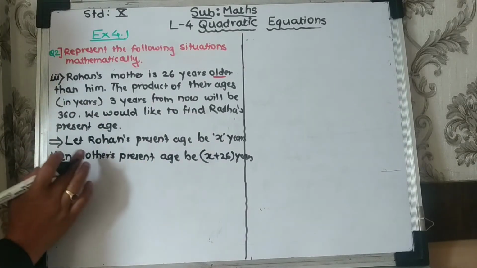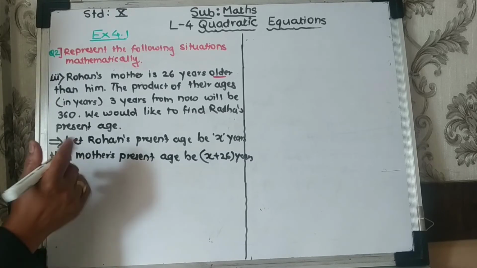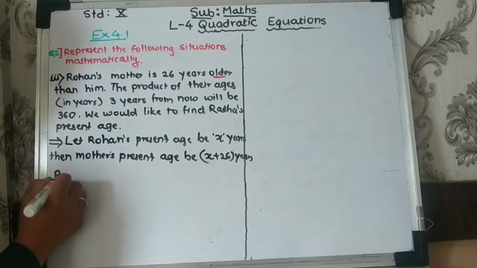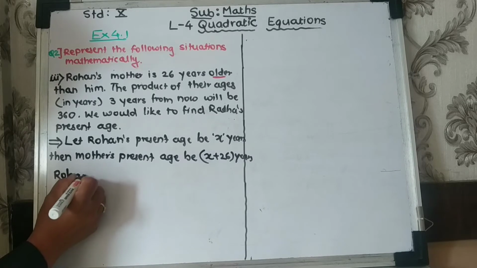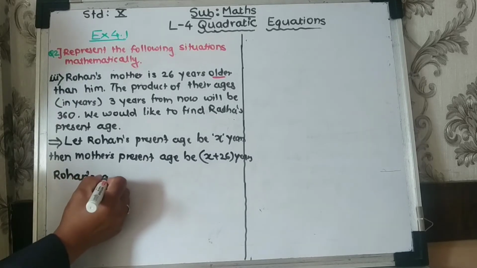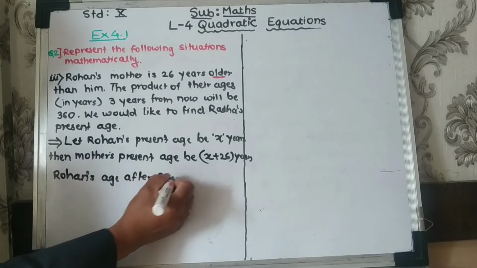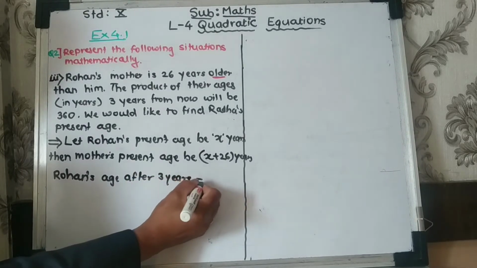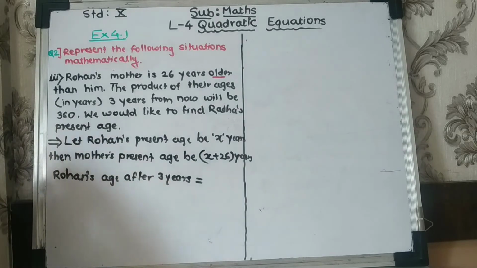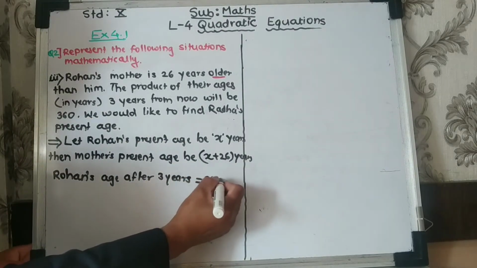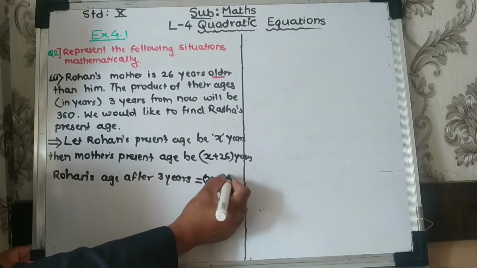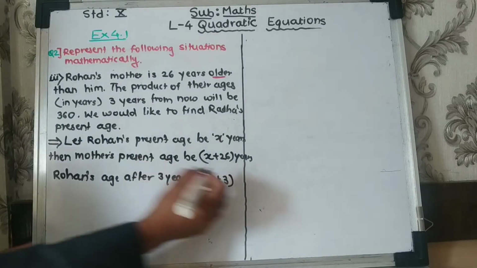So first of all, Rohan's age after 3 years equals to what? To the present age, we will add 3: x plus 3, put a bracket, years, write it down.